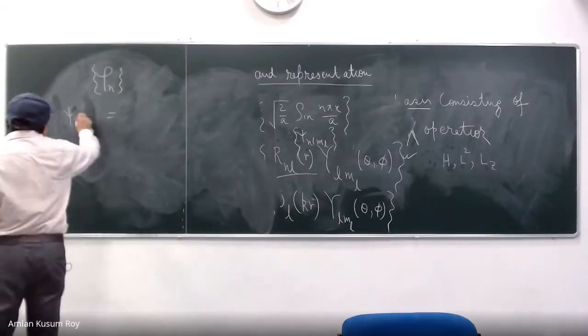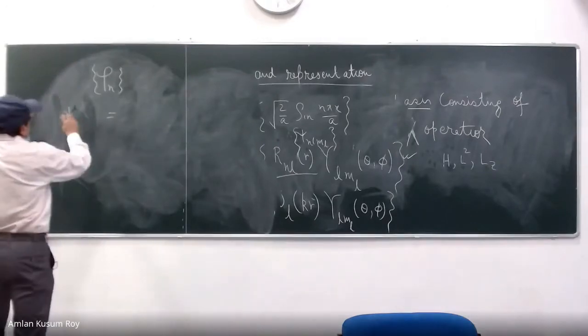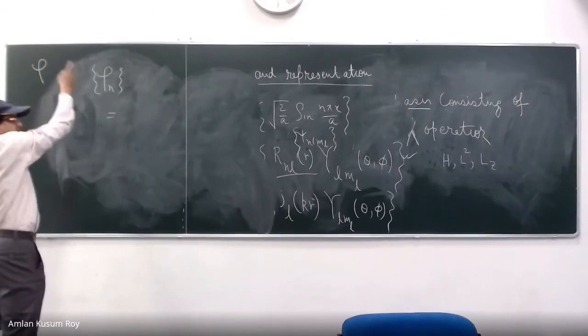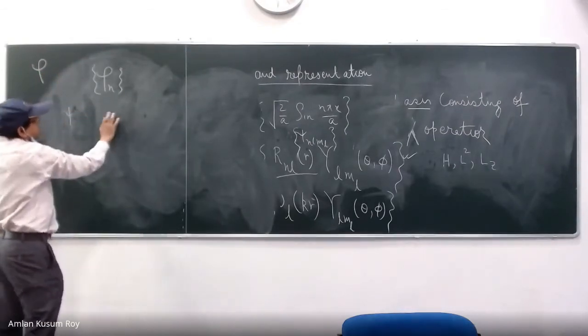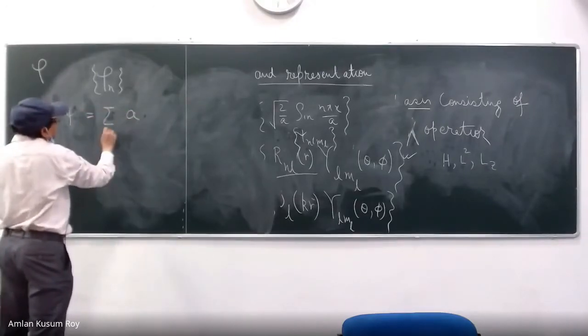Do not give psi yet, okay? So I have an arbitrary function psi. Remember that arbitrary function I wrote like this in that big picture. So that function I want to write as a basis expansion. It is very simple. Psi is equal to, you have written a_n.